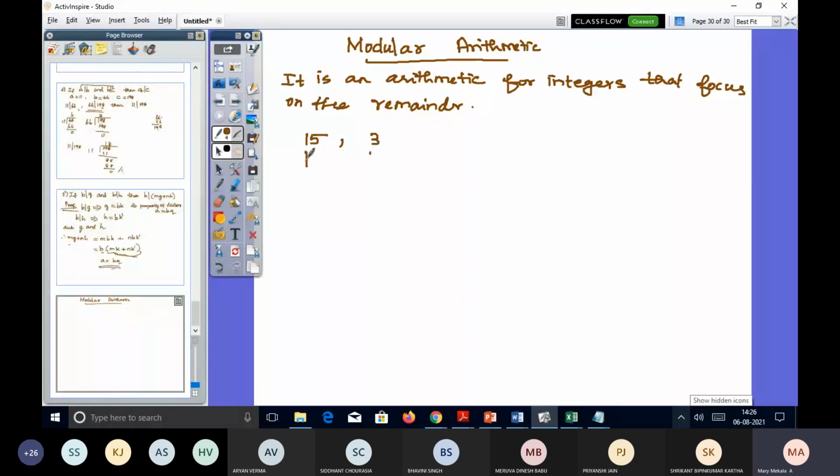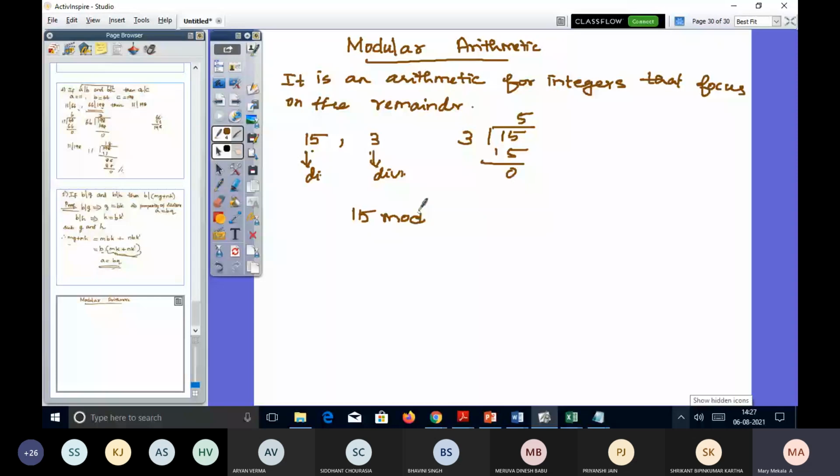How do you find the modular? 15 divided by 3 is 5, so you'll get remainder 0. I can write this in this particular format: 15 mod 3 is equal to 0.